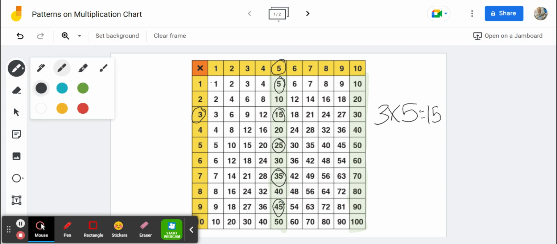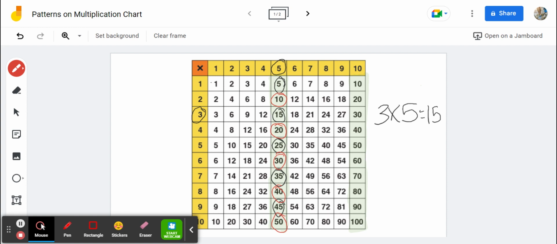They'll also notice that some multiples of 5 end in zeros, like 10, 20, 30, 40, and 50. So students can make the generalization that products from multiples of 5 are going to end in either a 5 or a 0.